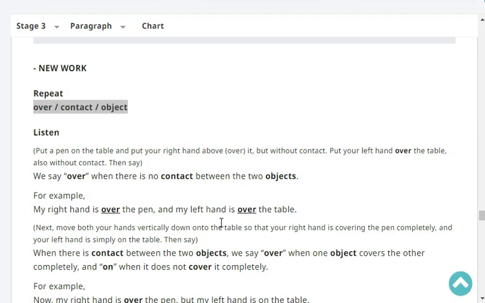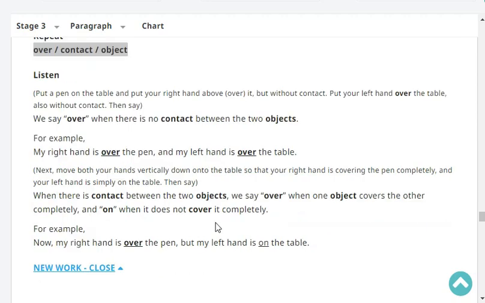When there is contact, when we touch it, between the two objects, we say over when one object covers the other completely, and on when it does not cover it completely. So my hand is over the pen because you can't see the pen anymore.